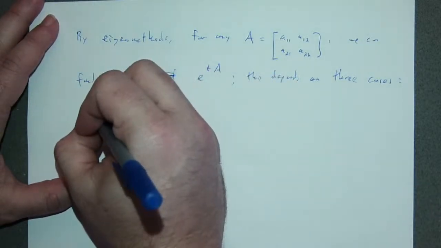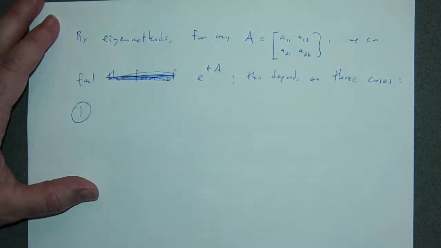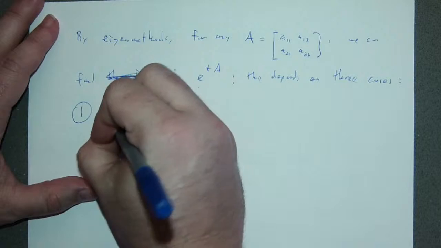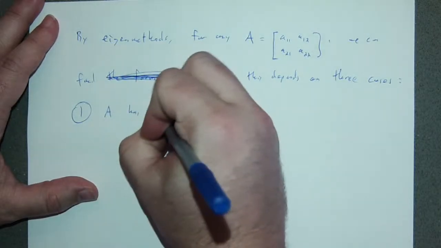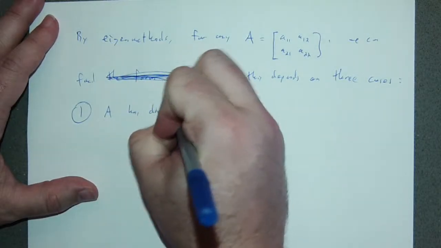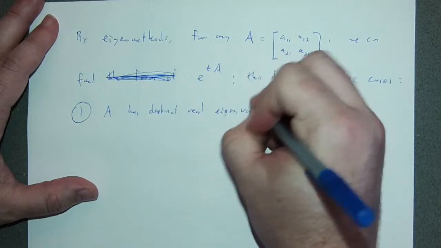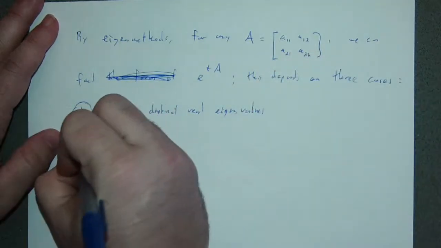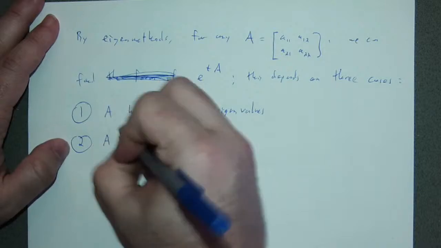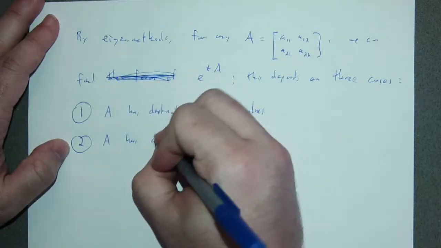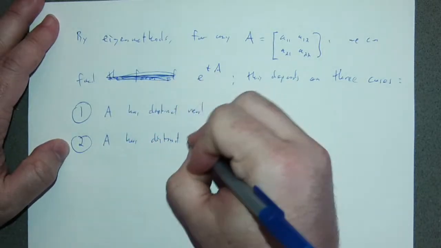Case one, A has distinct real eigenvalues. Case two, A has distinct complex eigenvalues.